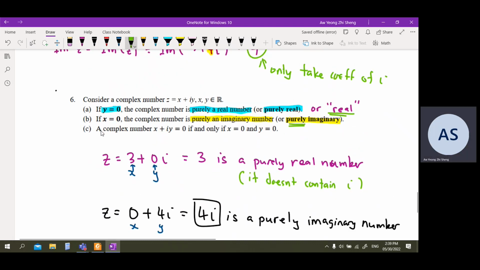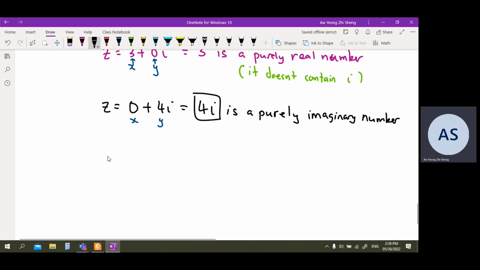But part C says a complex number x plus iy equals 0. So x plus iy is equal to 0 if and only if both x and y are 0. So part C is trying to tell us that if x plus yi equals 0, the 0 on the right should be interpreted as 0 plus 0i.